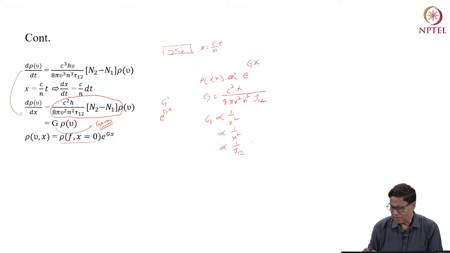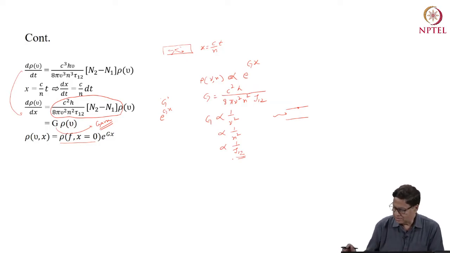Which means that if tau 12 is small, g is high. If you consider a two level system and tau 12 is very, very small, it is spontaneously falling to the ground state very rapidly, and this is aided by the input flux density. So the spontaneous emission is actually adding to the gain. That explains why g is related to tau 12.